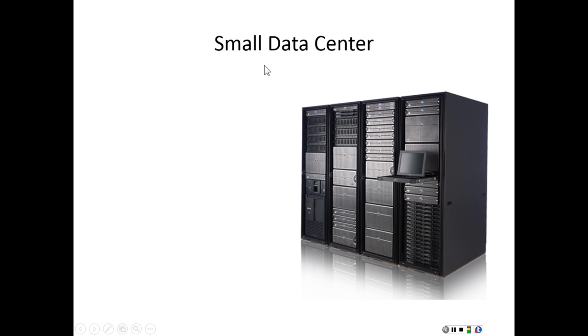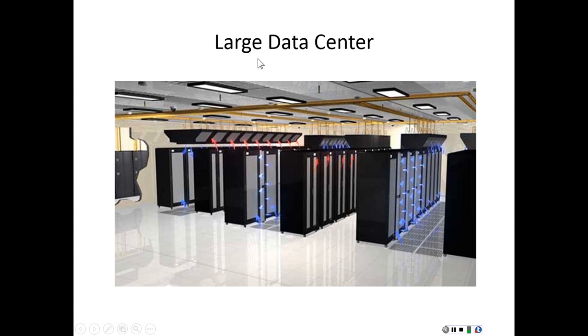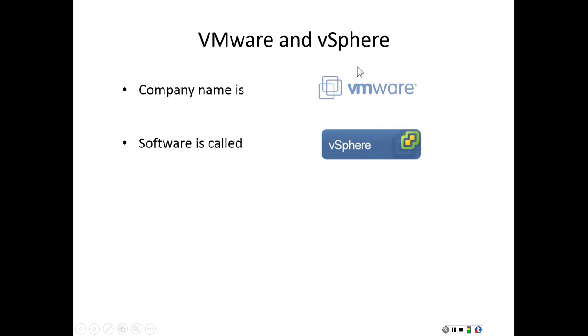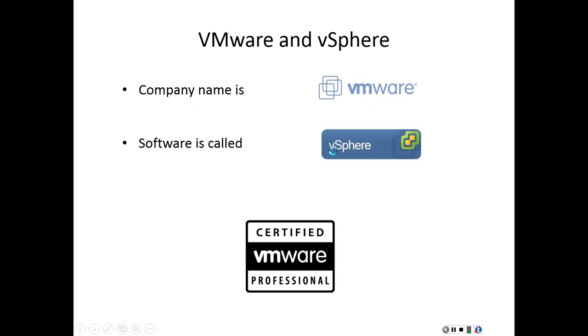If we have a small data center, or a large data center, like Social Security, VMware vSphere is the software that allows us to manage and control data center and cloud servers. The name of the company is VMware, and the software is called vSphere. Many of you are here for the VMware certification.